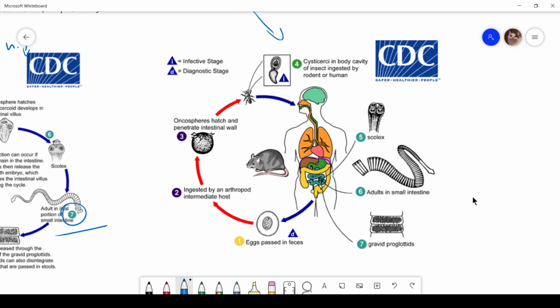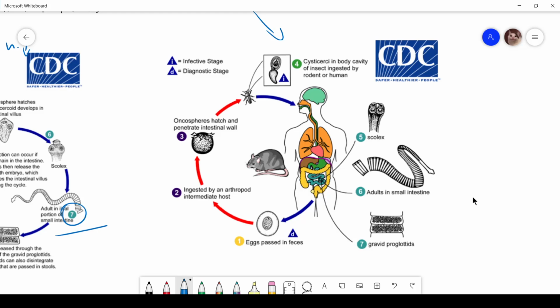After ingestion, the tissue of the infected arthropod is digested, releasing the cysticercoid larva in the stomach and small intestine. Scolex evagination occurs shortly after the cysticercoid larvae are released.